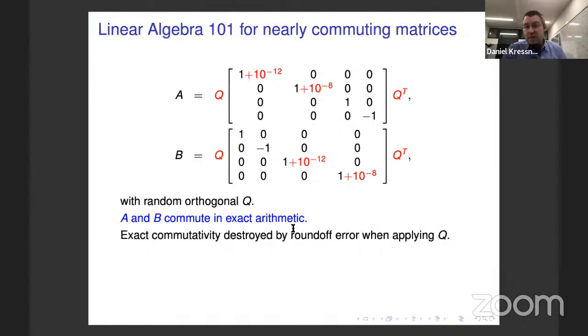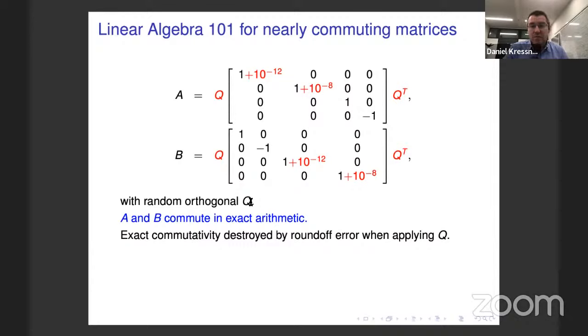Now let's have a look at nearly commuting matrices. So I took the matrices from before after we diagonalized them. Just for the fun of it, I added 10 to the minus 12 and 10 to the minus 8 on the diagonal. So we have some not identical eigenvalues, but a cluster of eigenvalues close to 1. And then I transform these matrices to hide that they are diagonal.